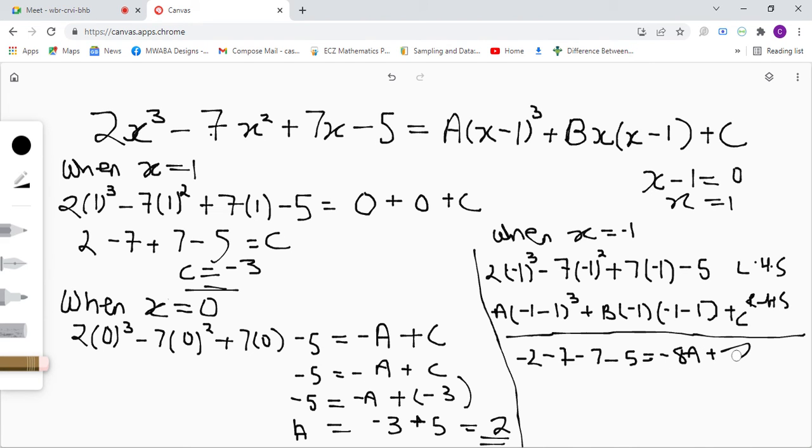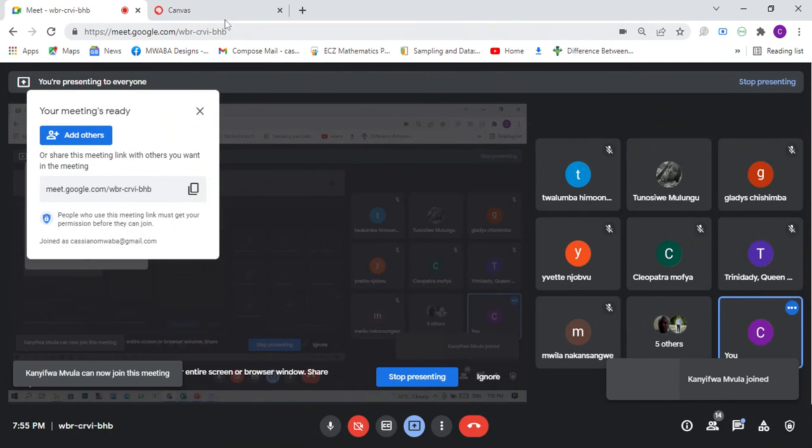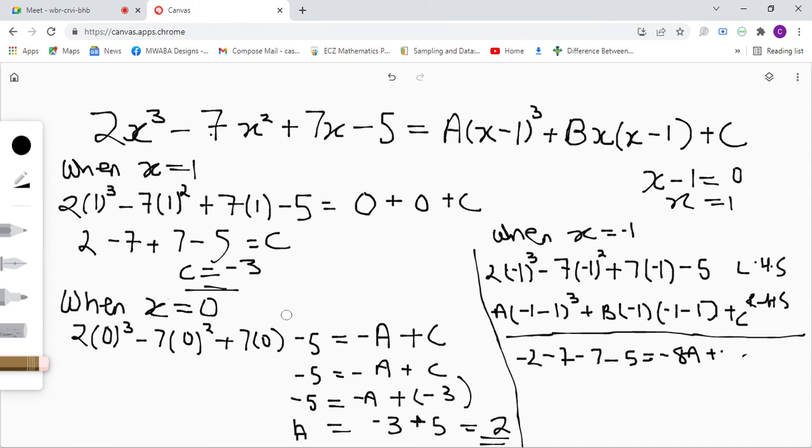Oops, positive 2b. It will be plus c. All right, so we solve on our left-hand side.